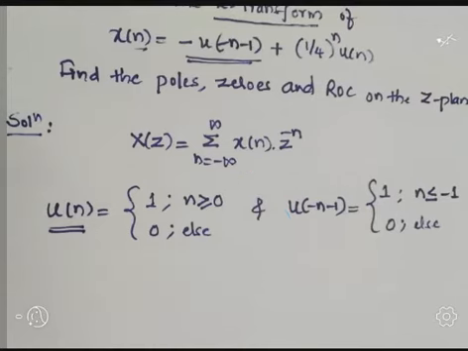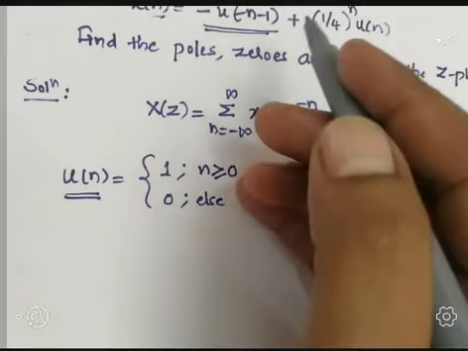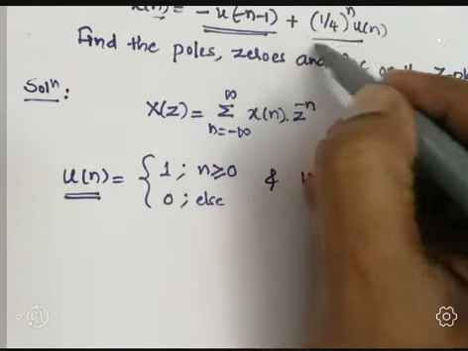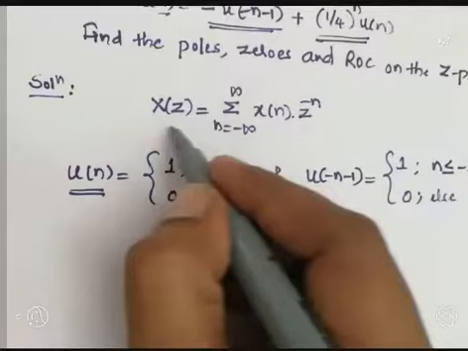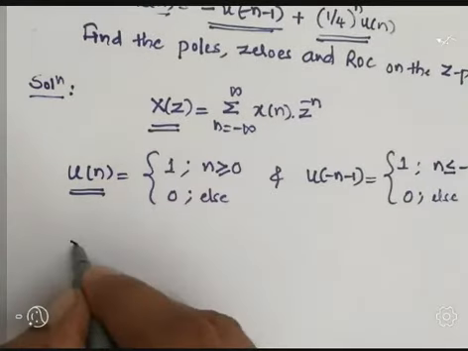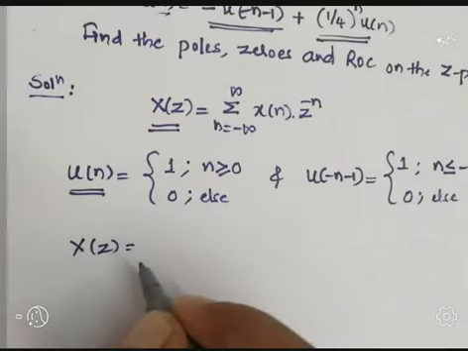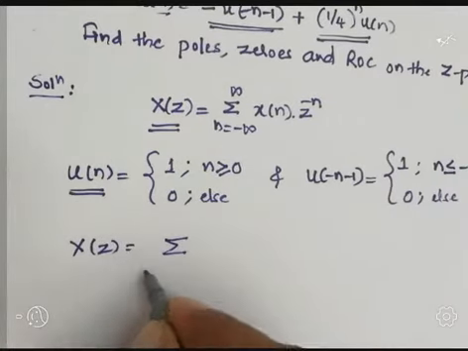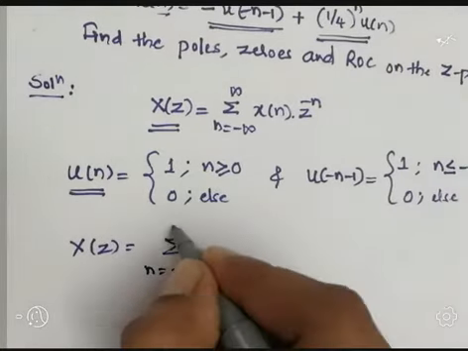Okay, let us substitute. There are two parts here. So I'm going to write this definition of Z transform as x of Z is equal to summation n equal to minus infinity to plus infinity.